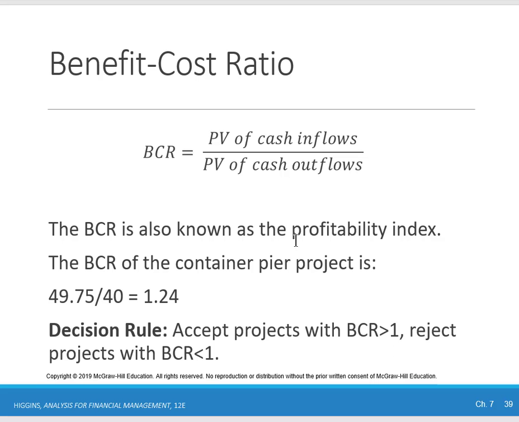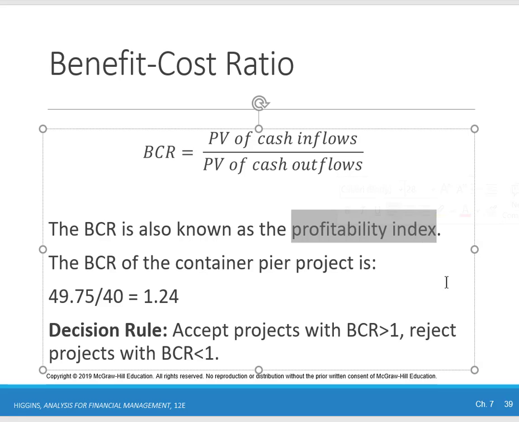Another technique we have is something called the benefit cost ratio. It is also referred to more often as the profitability index. You take the value or the benefit, the increase in wealth of the project, and you divide it by what that project costs. So 49.75 divided by 40 is 1.24.